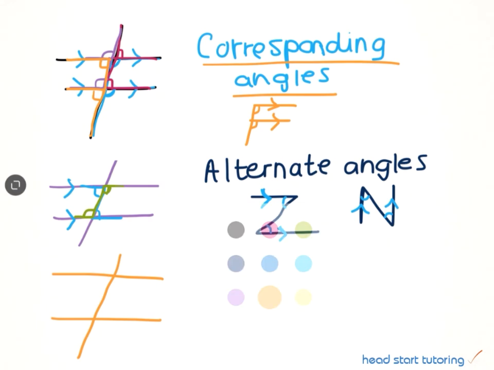You will be able to find a few different N or Z shapes in order to find your alternate angles, as long as you remember that as long as these lines are parallel, these alternate angles will be equal to each other.